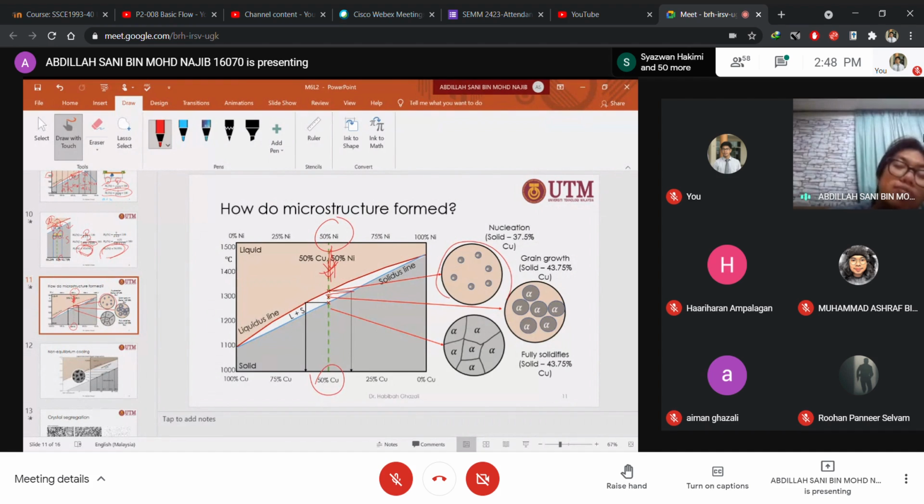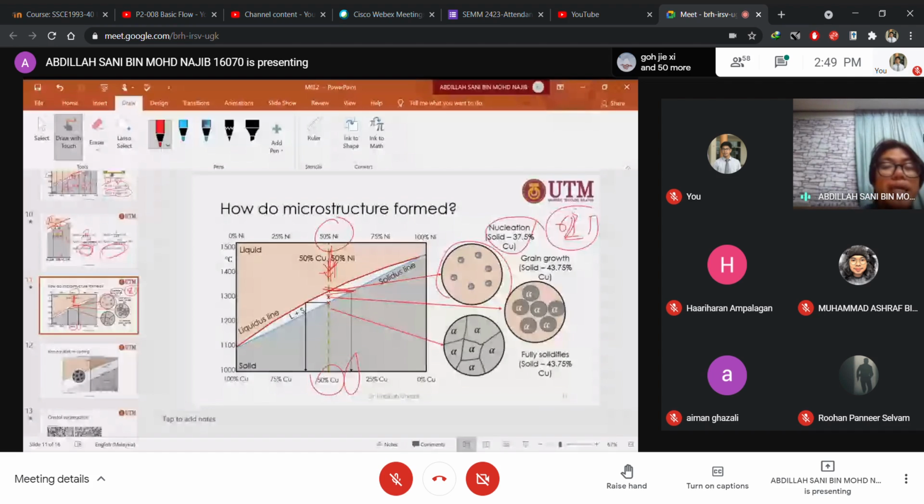If we want to know the composition of the solid, we just draw the tie line here, and then we see the composition. So in this case, the solid is 37% of copper, meaning that the remaining, which is the berapa tu? 63, 62.5, is the nickel. So you can understand why nickel is more in this very first nucleation, because nickel has a higher melting point.